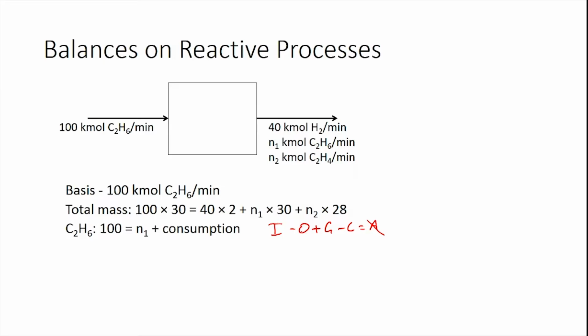There is also an output term because we know that N1 kilomoles of ethane is leaving the system. Is there a generation term? No, because this is a reactant. So, the generation term goes to 0. However, we still have a consumption term. So, this means the equation comes down to input equals output plus consumption, which is what we have written here, which is N1 plus consumption.